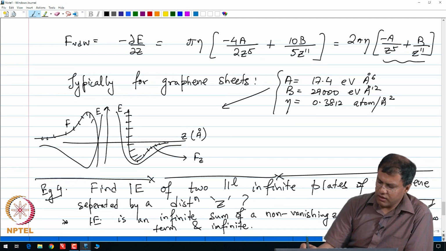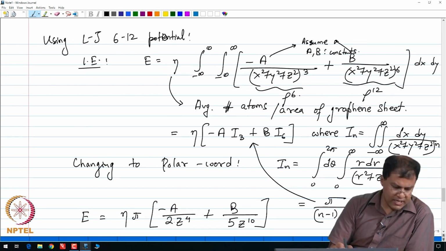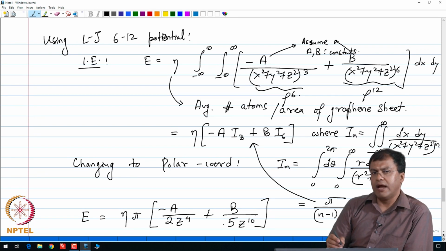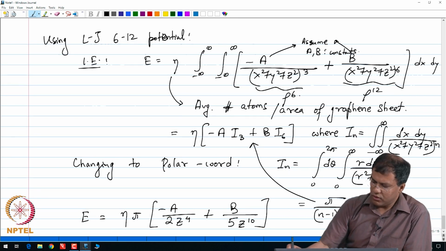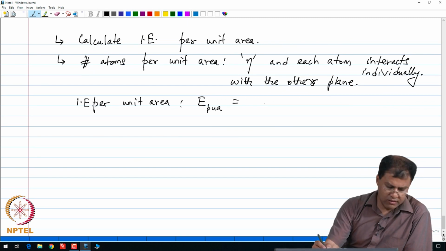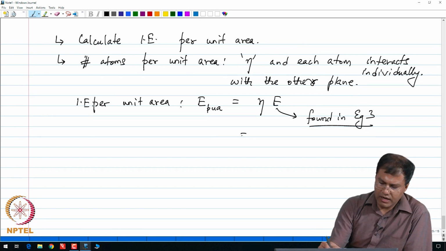So, the answer was pi eta times this quantity times eta, where eta is the number of atoms of the second sheet per unit area, right. So, this is eta times E, where E is found in example 3 that we discussed a few minutes back, and let me write down the answer.